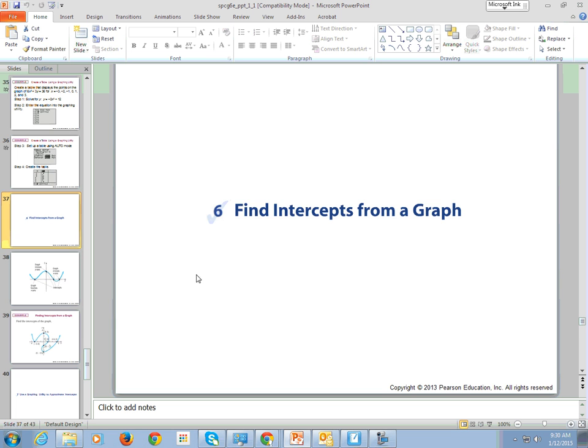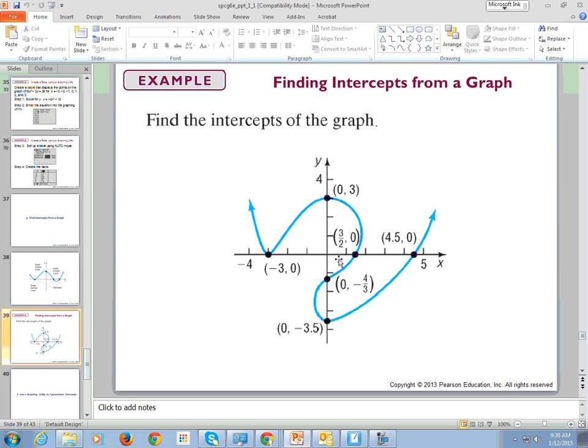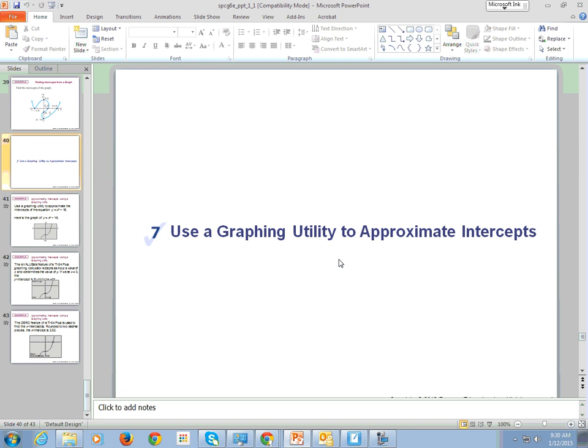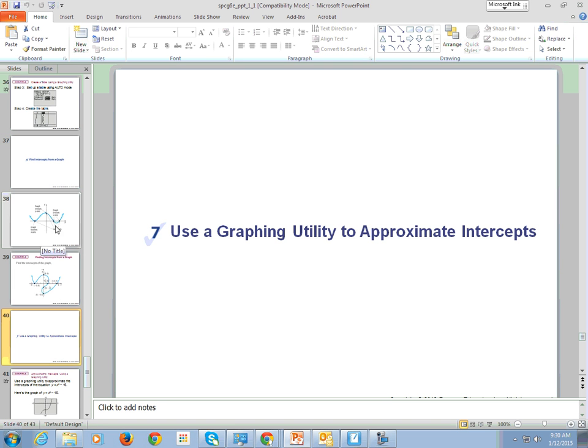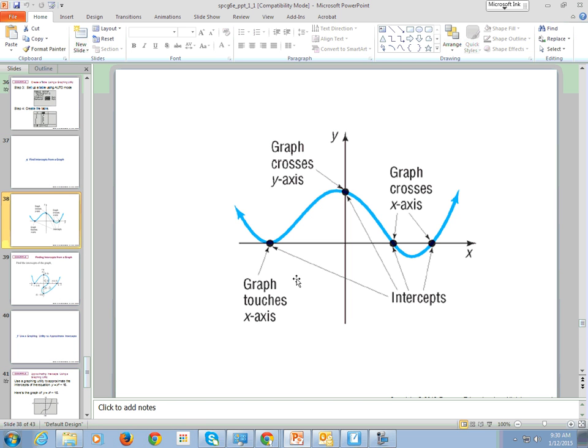To find intercepts, intercepts are when either x or y is equal to 0. So what I do is I plug in 0 into my equation for x and find out what y is. That's the y-intercept, and then I plug in 0 for y and find what x is, and that's the x-intercept.